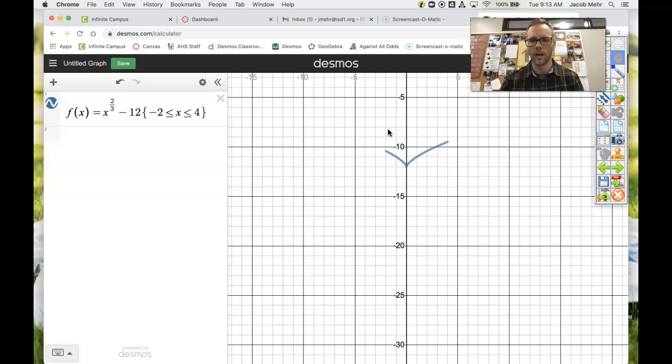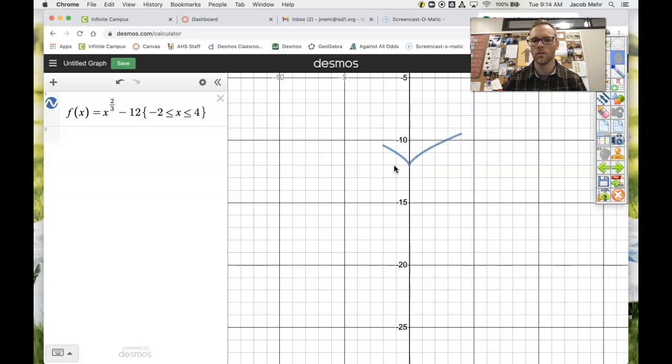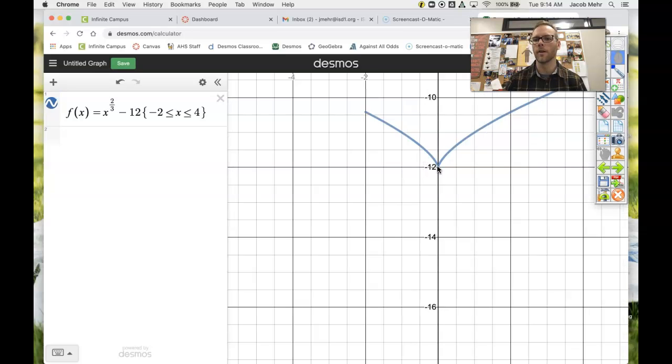There it is. A cute little bird flying away here. So, relative max, absolute min, absolute max. And we see the not differentiable by the sharp turn that we have there at x equals 0.